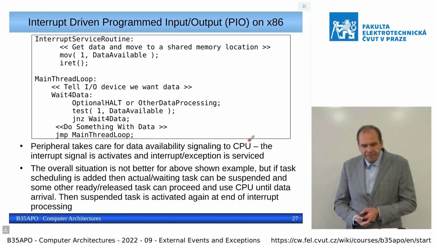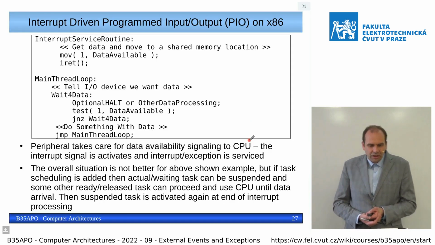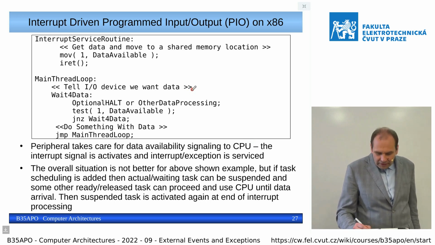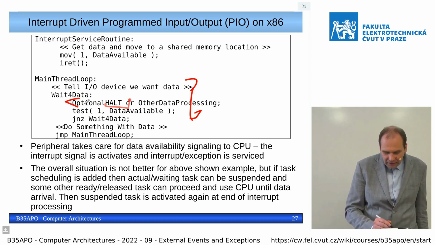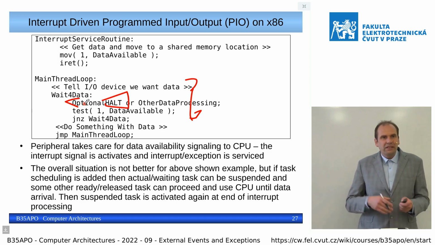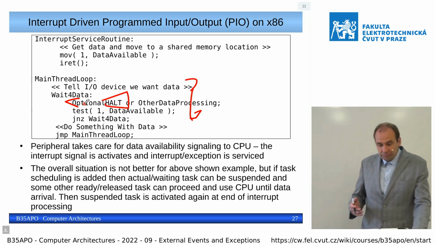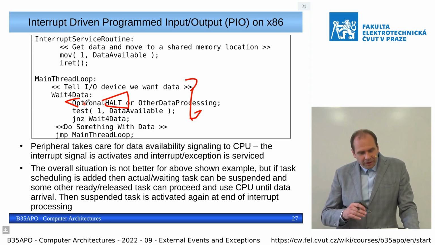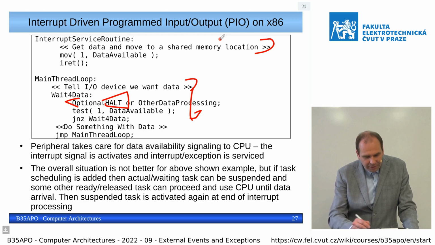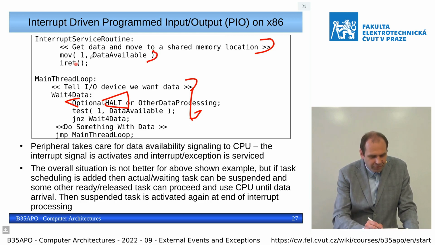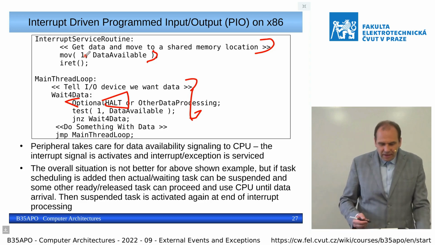Then we can have a little better solution when we wait for the data, but do not poll directly on the status bit, but set up an interrupt, and instead of polling, we use a halt instruction on x86. This way, the instruction execution stops, the processor lowers the power consumption, and when the interrupt arrives, at that moment we read the data from some peripheral, store them, and inform by some flag that data has been read.